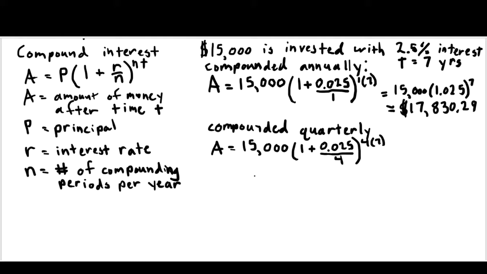So the easiest way to work this out would be to simplify it down part of the way. If I take 0.025 and divide by 4, I get 0.00625. So this basically ends up equaling 15,000 times 1.00625, and then 4 times 7 is 28, so that's raised to the power of 28.